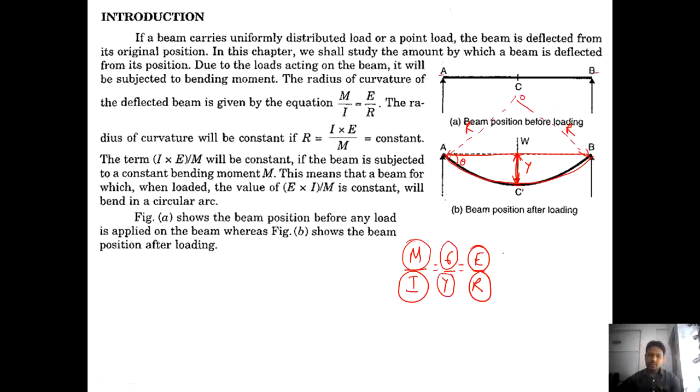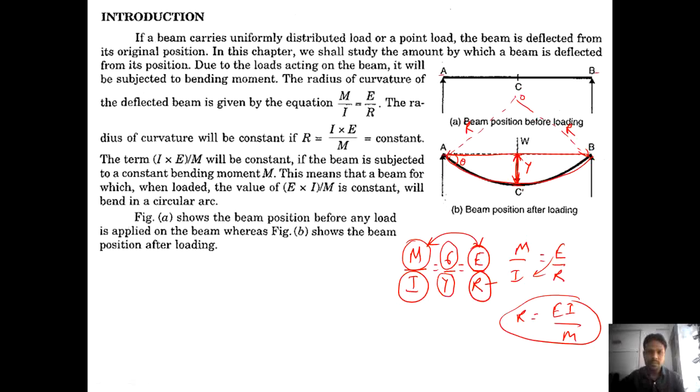So the radius of curvature can be found out if we compare these two terms: M by I is equal to E by R. So R we can easily find out, R will be E into I by M. In this way we can find out the radius of curvature or any term which is missing.